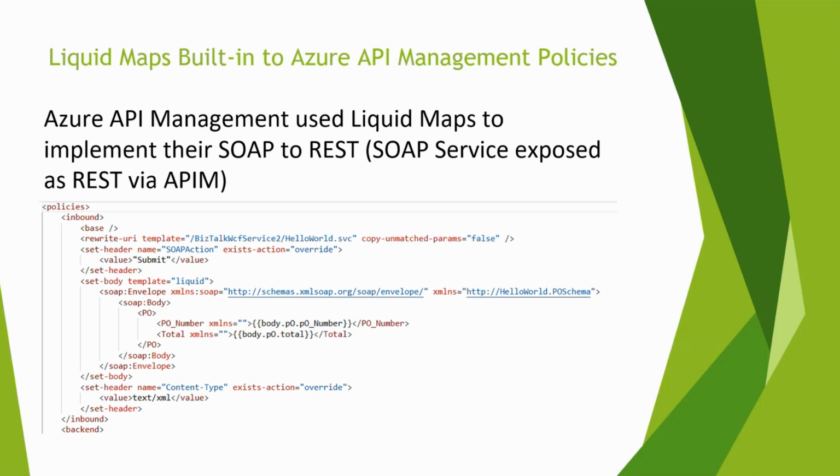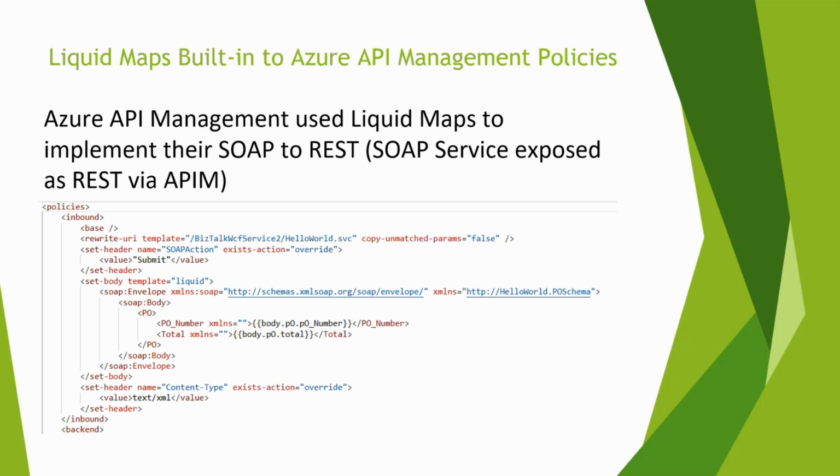That'll convert it to the SOAP endpoint, call your SOAP service, and then, I didn't include the screenshot here, it'll also transform the response back from XML to JSON and return that to the caller. Basically, you don't have to do anything except point your service at the wizard that's in API Management, and it will generate all of the Liquid template for you.